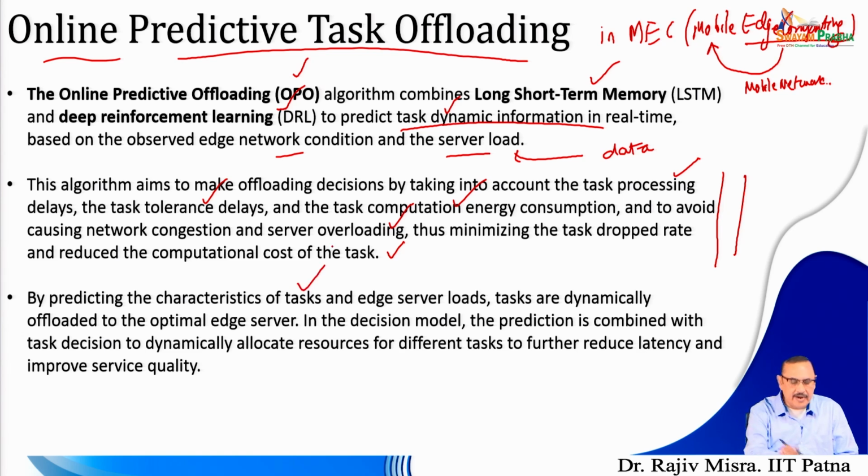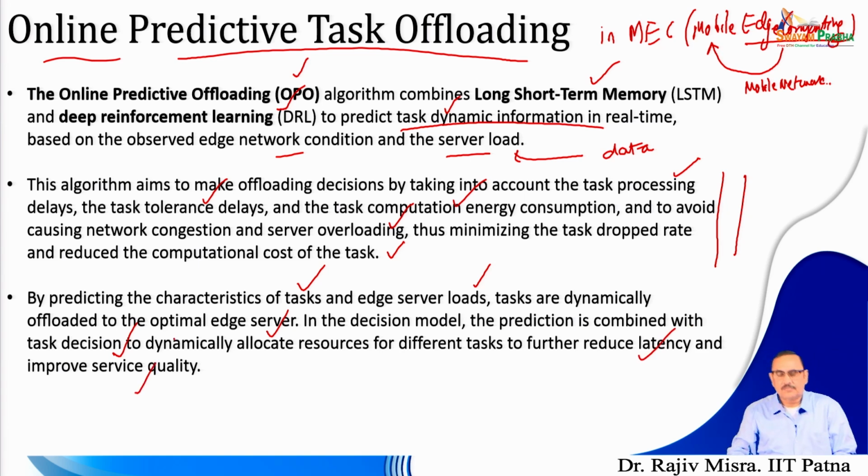Now, by predicting the characteristics of a task and the edge server loads, tasks are dynamically offloaded to the optimal edge server. In this decision model, the prediction is combined with the task decision to dynamically allocate the resources for different tasks to further reduce the latency and improve the service quality.